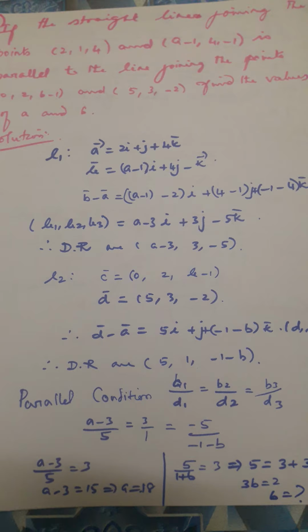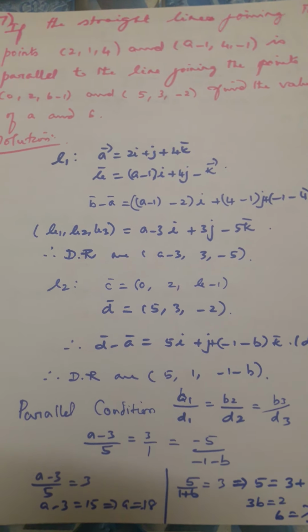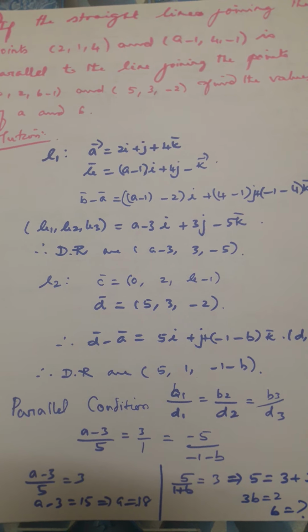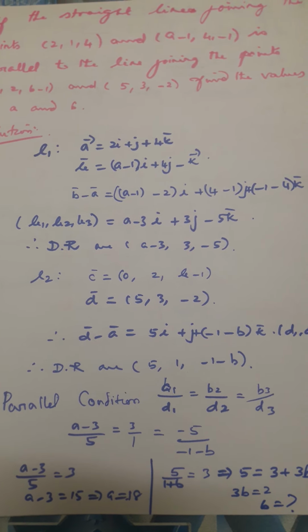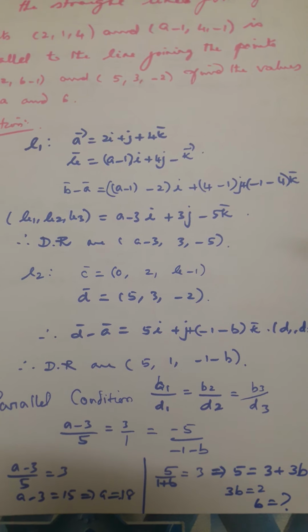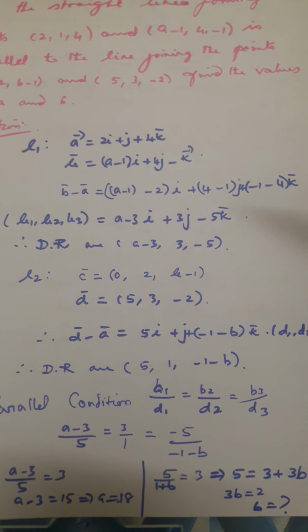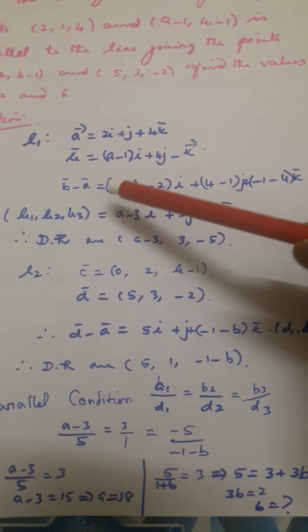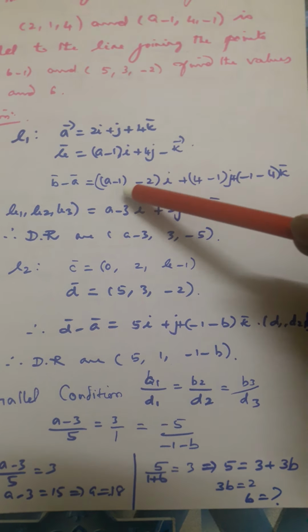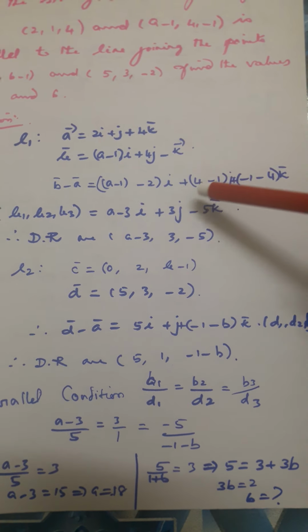So how to find any line's direction ratios? If it is given in the vector form, the second one will be your direction ratio. If it is in Cartesian form, your denominator will be your direction ratio. Do you understand? So here I am finding the direction ratio, which is nothing but the difference of second vector minus first vector.